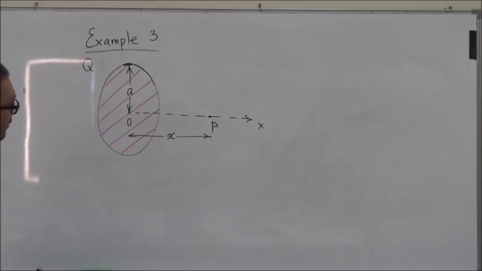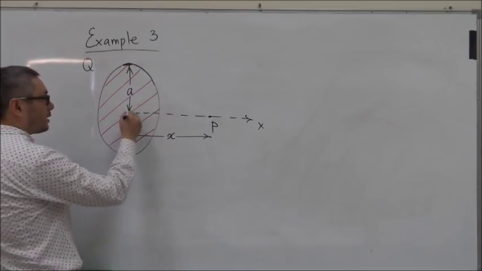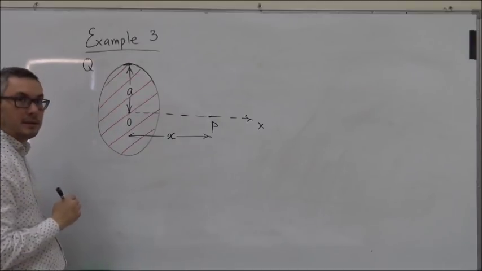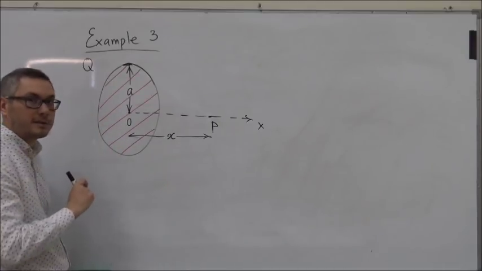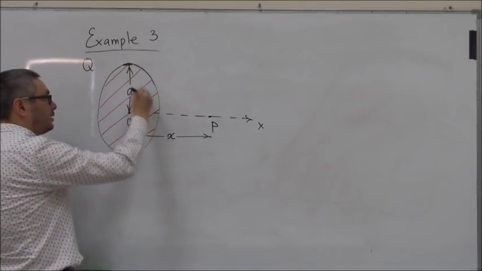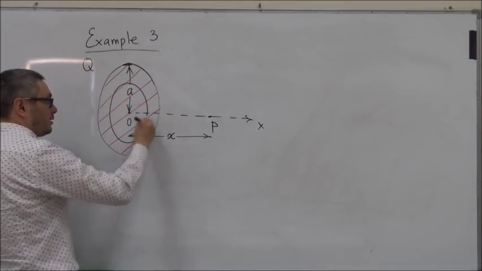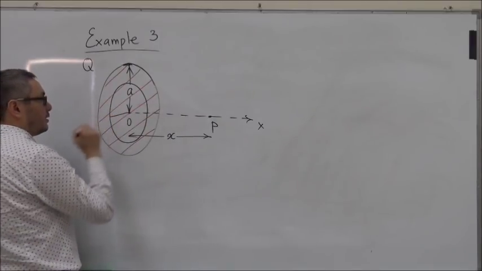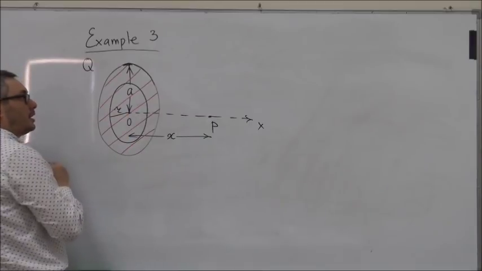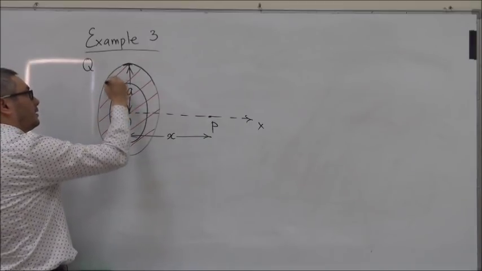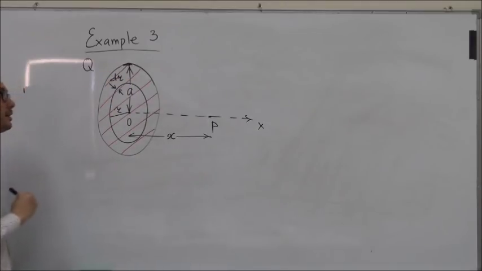So now we will use exactly the same approach. So we will consider this circular disk as a collection of rings. And let's look at one of them. Let's look at a ring that has a radius r and that has a thickness dr.